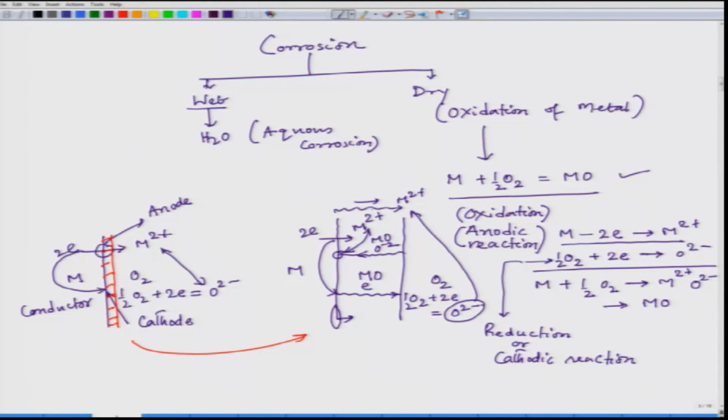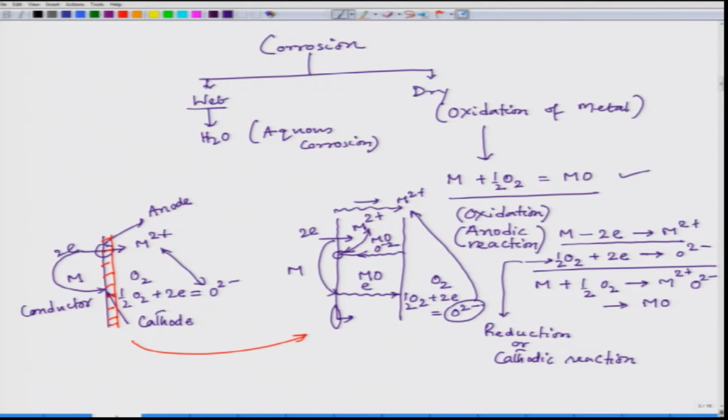Now, in case the metal ion moves out from the metal oxide and comes to the metal oxide and oxygen interface, and there it combines with the oxygen ion, then the oxide growth is taking place at the interface of metal oxide and gaseous oxygen.